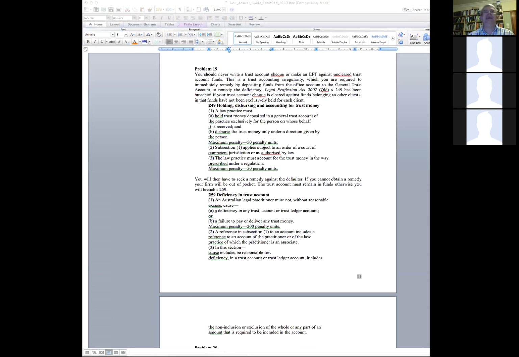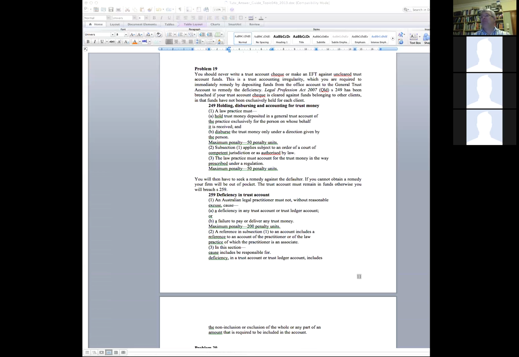What's happened here is that you've received a check. You've then gone and paid money out of the trust account on the faith that that check is actually going to clear, but it is dishonoured. So the money that you assumed was coming into the trust account didn't come, and yet you've paid money out of the trust account. So you've created a deficiency in the trust account because you didn't wait for the check to clear.